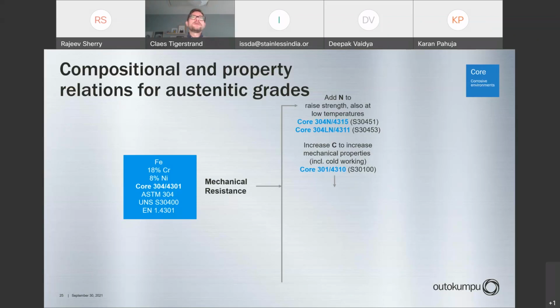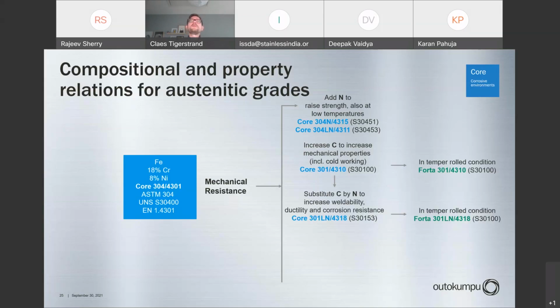So you will transform the austenitic structure partly into martensite, which is magnetic. That could typically be when you stretch form the material, perhaps to manufacture a sink. So in the area where you have a lot of cold working, you will increase the strength and it will also become magnetic. But it's not a ferritic grade, it's actually martensite. So you have transformed some part of the structure from austenite to martensite.